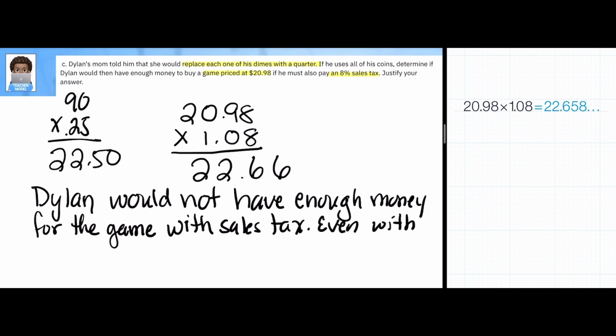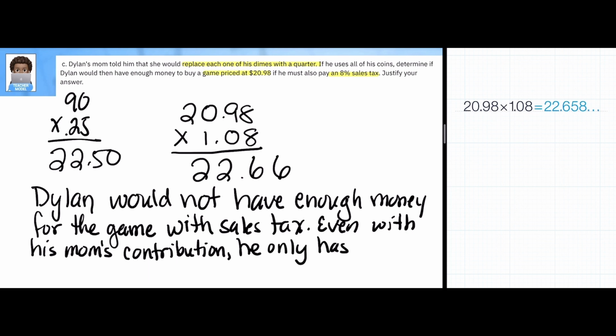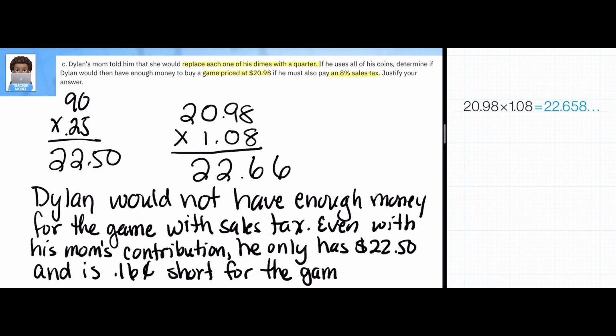Even with his mom's contribution, he only has $22.50 and is 16 cents short for the game. So close, Dylan. So close. All right, hit pause and jot this down into your notes.